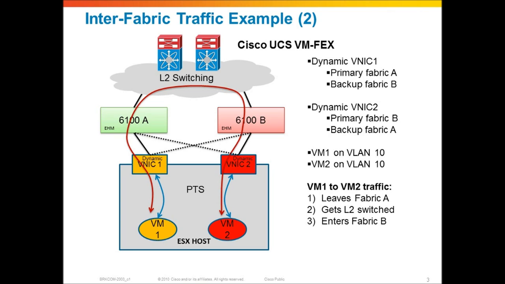So this is an example with server virtualization, two VMs on the same VLAN using VMFX. Just another example of interfabric traffic at layer 2.